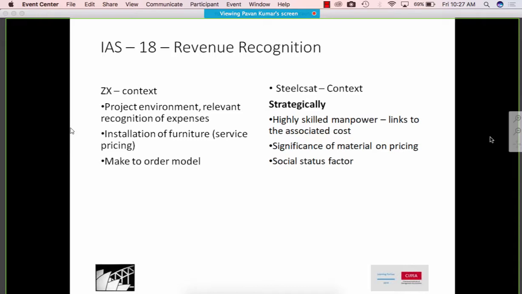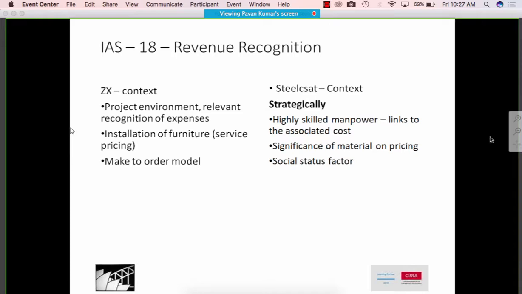If you look at page number 5 in your case study, it says ZX's clients is the heading. ZX works closely with its clients throughout each phase of a project. So we are in a project-based environment where the revenue recognition happens on a milestone basis.